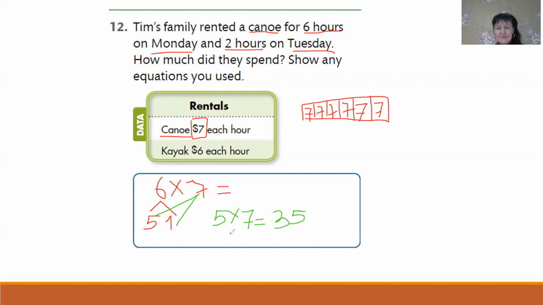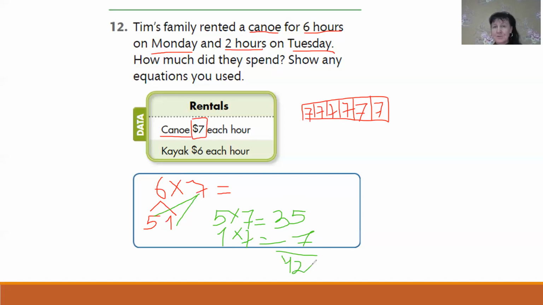And 1 times 7 is going to be, using our identity property, 7. And together it's going to be 42.